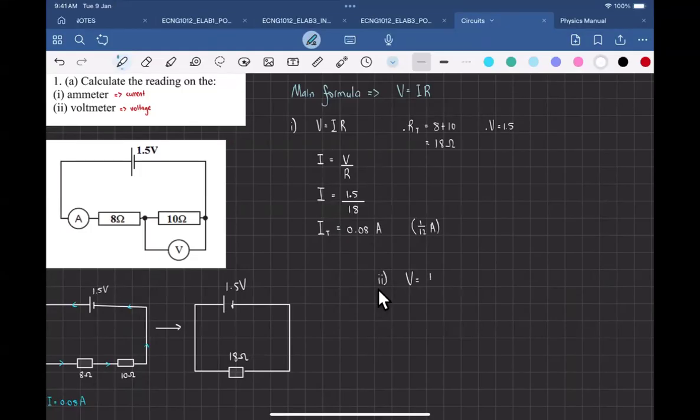So for the voltage, I'm going to say 1 over 12, that's the current, multiplied by the resistance. What's the resistance? 10. Right? What is 1 over 12 times 10? 5/6. Right?